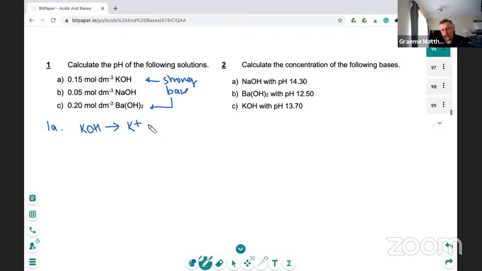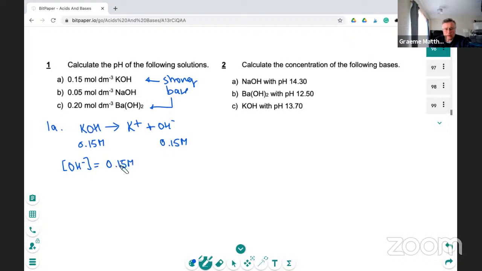So K plus and OH minus like this, right? And so 0.15 molar of potassium hydroxide would correspond to 0.15 molar of the hydroxide ion. And so on this one, the really fast way of doing it is you say OH minus is equal to 0.15 molar.